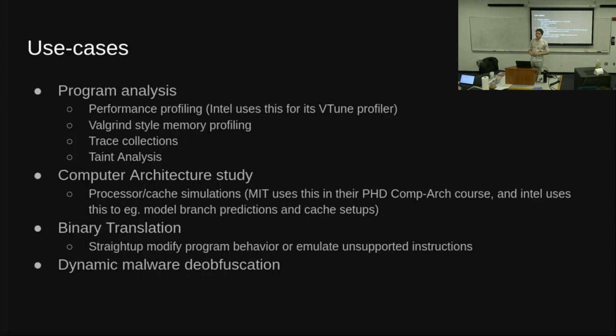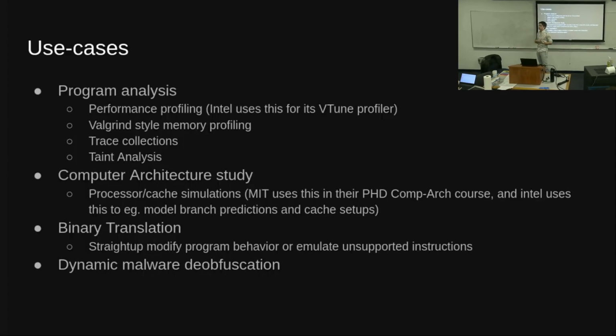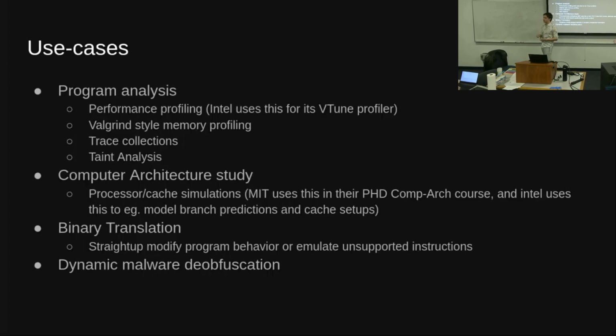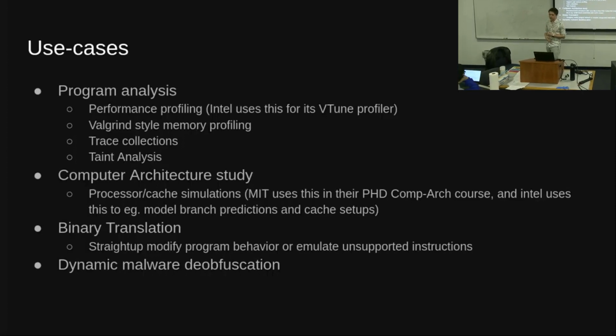You can also use it for binary translation. So let's say you're running on some old processor, some 20-year-old x86 device maybe, and you're trying to run a program that has some instructions that didn't exist yet back then. x86 evolves over time. Maybe now there are some instructions that didn't exist 20 years ago. So what if you still really want to run this? You don't have source code for it, or even the other way around, it's some really old code that doesn't run on newer systems anymore.